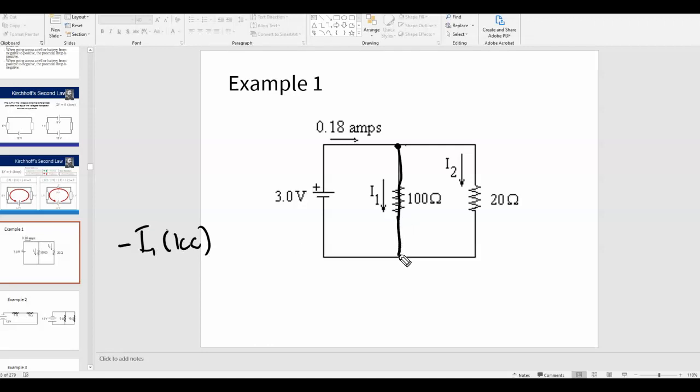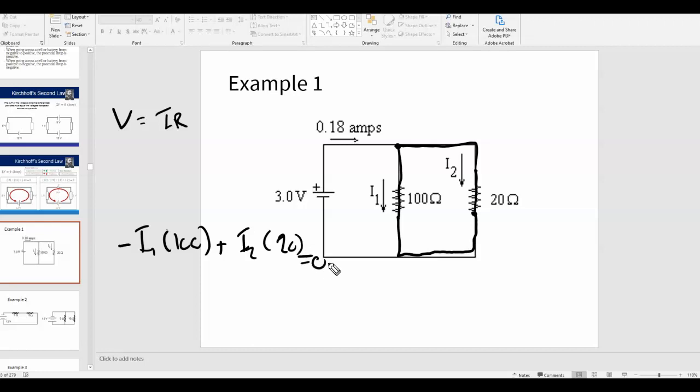And let's say I go this way. Whenever you go against the current, so here we're going against the current, you actually go up in potential. And so I'm going to go up V equals I times R. Okay, so that's I2 times 20. And as soon as I get back to where I started, that's equal to 0.